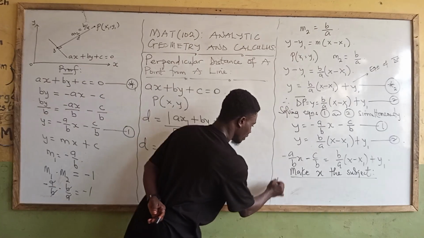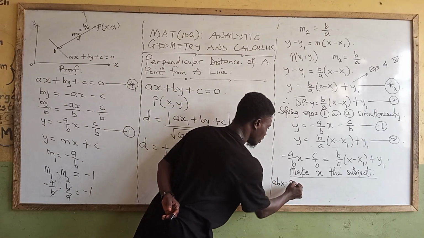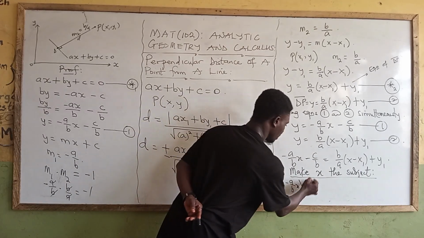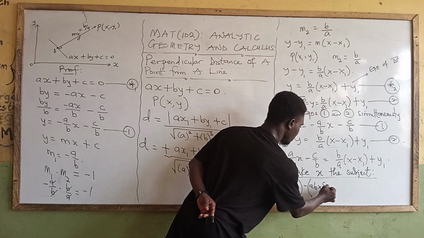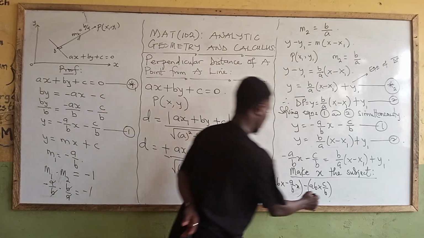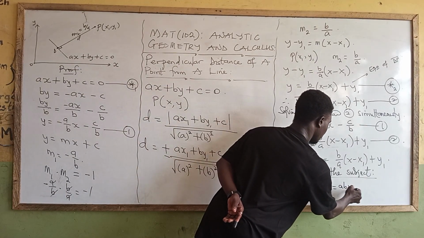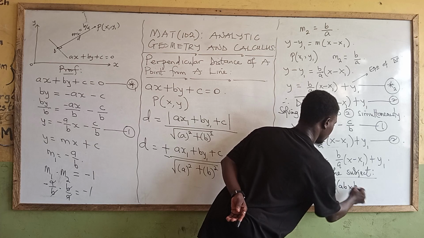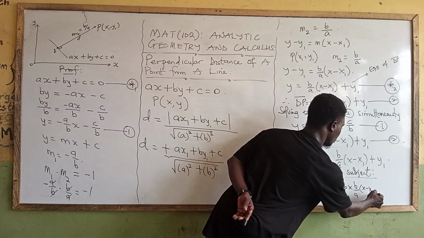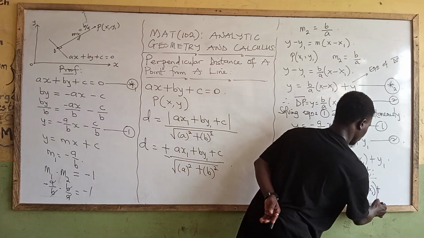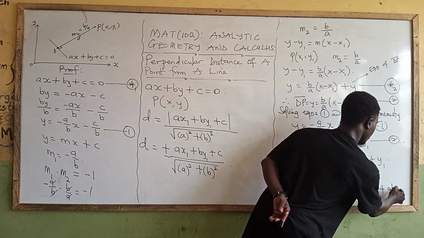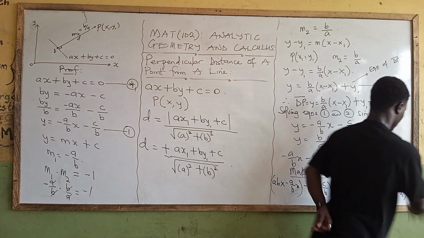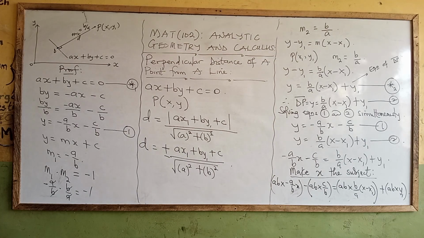We get ab times negative a over b x, then minus ab times c over b, which must be equal to ab times b over a, times x minus x1, plus ab times y1. Which is very simple and trivial as well.